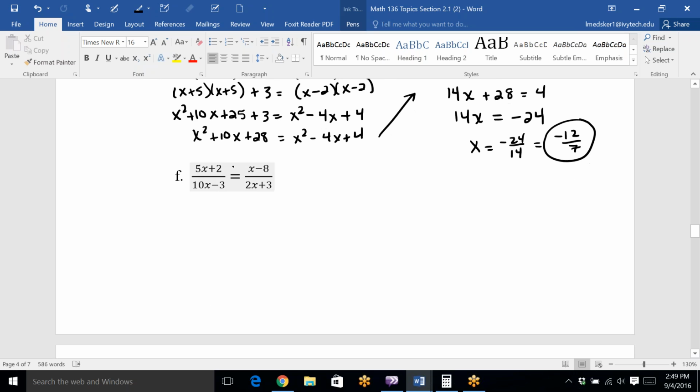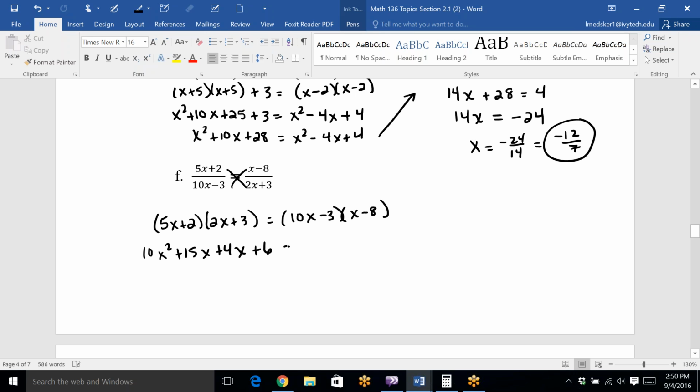Okay, for F part, we need to cross multiply because it's one fraction equal to one fraction. So this is 5x plus 2 times 2x plus 3 equals 10x minus 3 times x minus 8. This one I might have to work out a little bit more than in my head. So this is 10x squared plus 15x plus 4x plus 6.